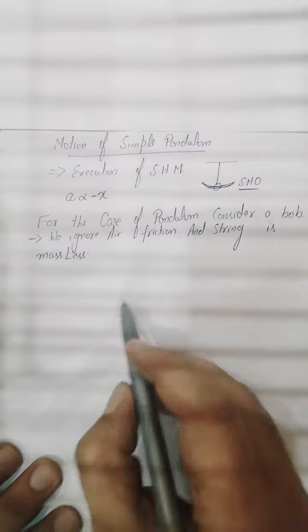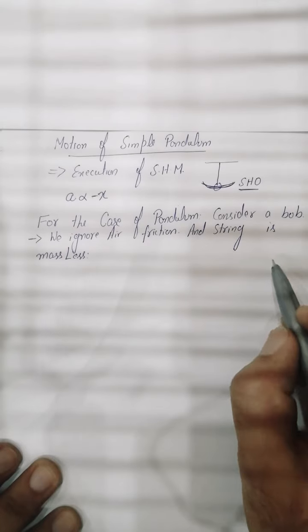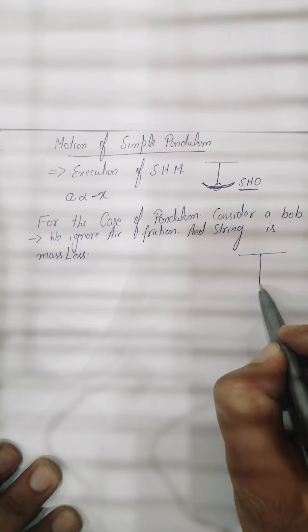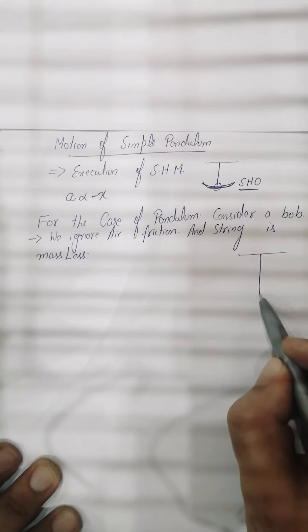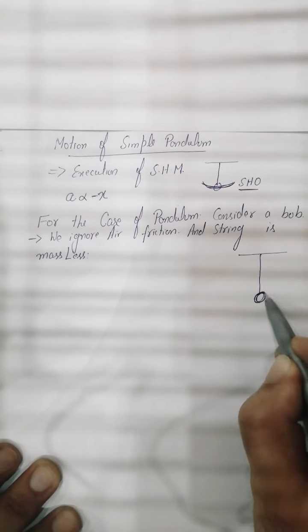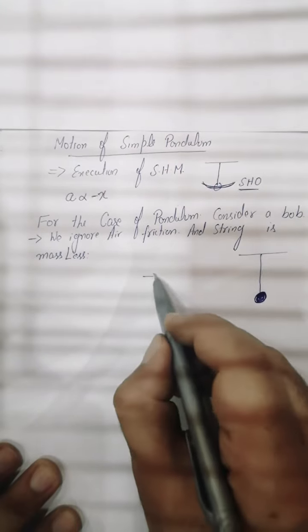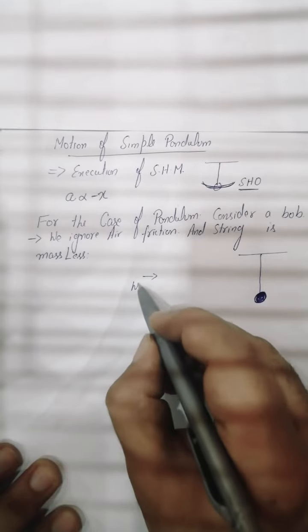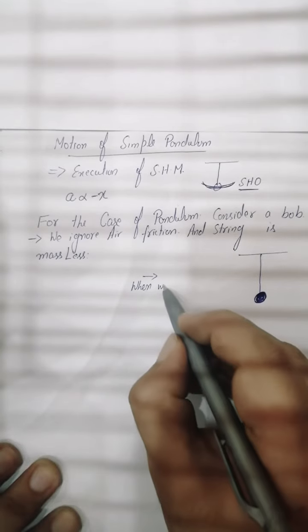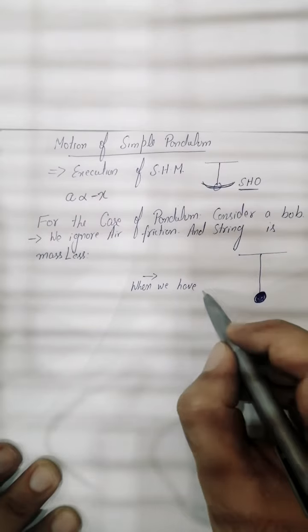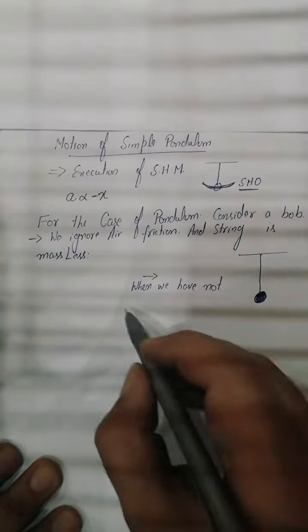So we have considered a simple pendulum. We will draw another diagram of simple pendulum. So this is the mean position of simple pendulum when we have not applied any force.